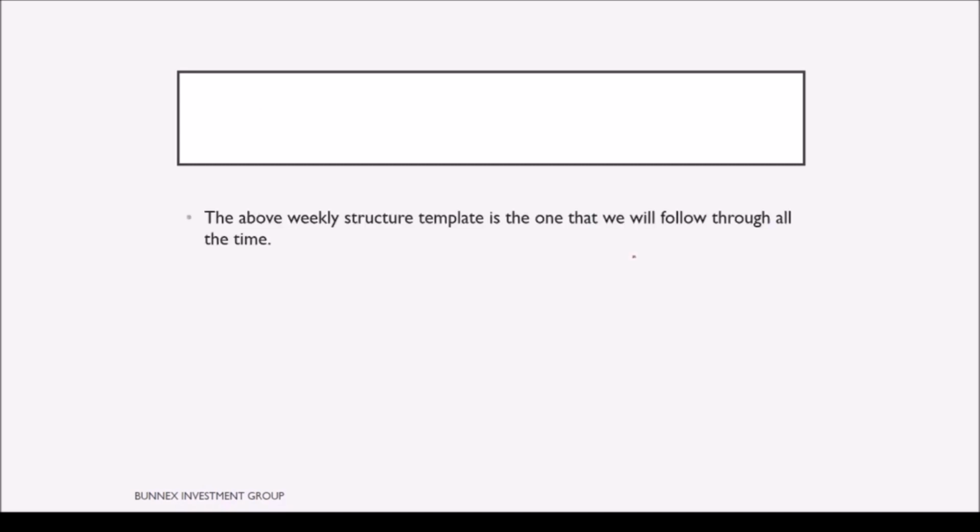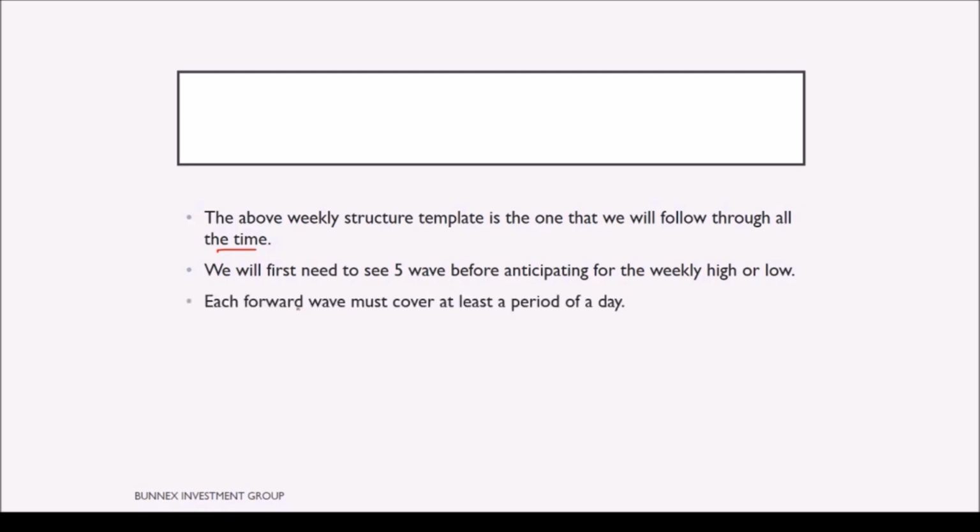So the above weekly structure template is the one that we will follow all the time. We'll need to see 5 waves before anticipating the weekly high or low. Each forward wave, for instance, from 4 to 5, must cover at least a period of a day.